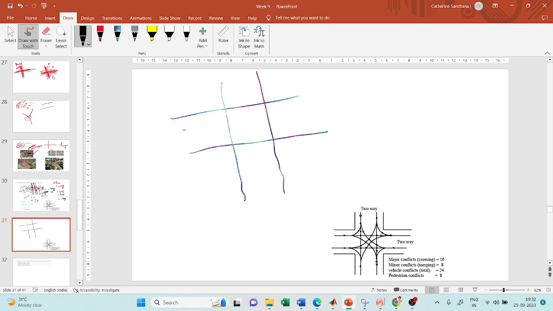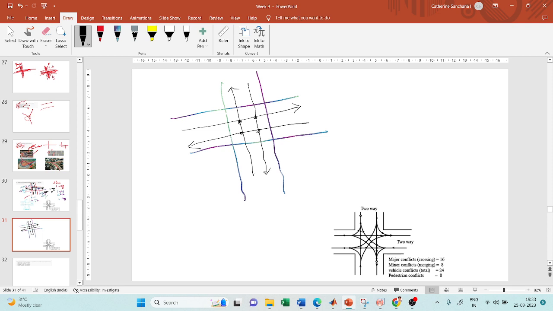Right. So in one lane, it is two-way traffic. So in one lane it will be traveling in one direction, and in the other lane it will be traveling in the other direction. Same here, in one lane it will be moving in this direction, and the other lane it will be moving in this direction. So you already identified four conflict points here.